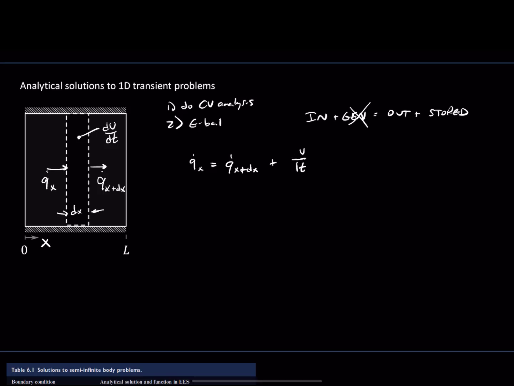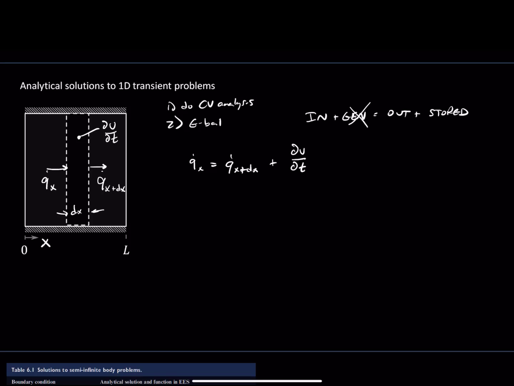In fact, that's wrong. It is the partial of u with respect to time, and it should be changed over here in the energy balance. We're only looking at the change in internal energy with respect to time. That means that when I write out my Fourier's law, I also need to write that in terms of partials, not in terms of the ordinary differential.